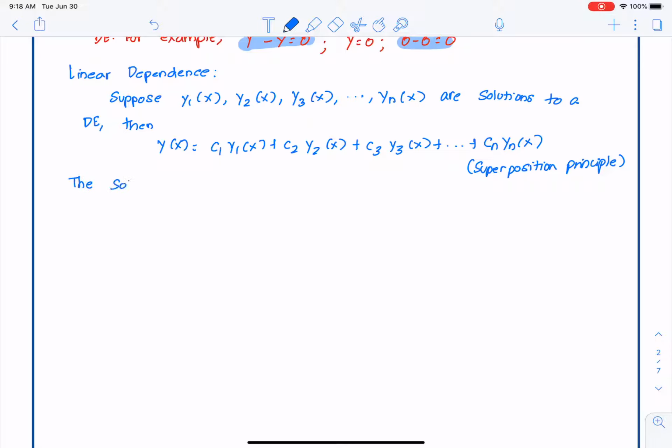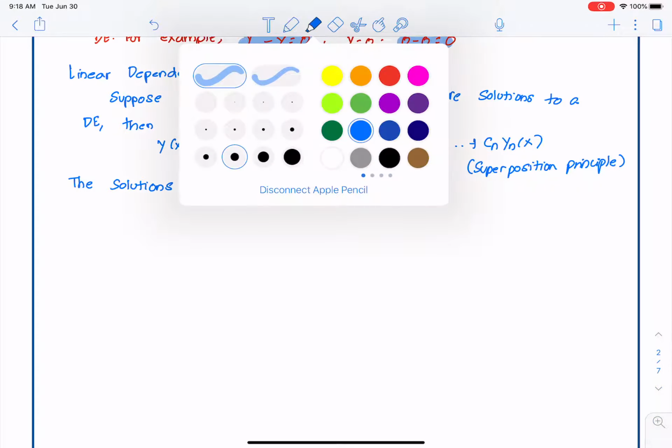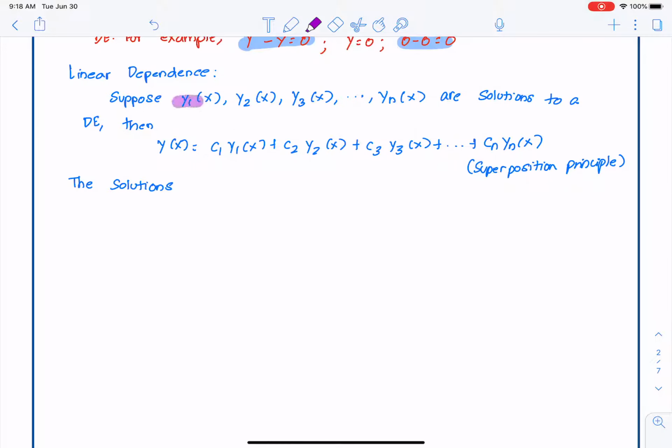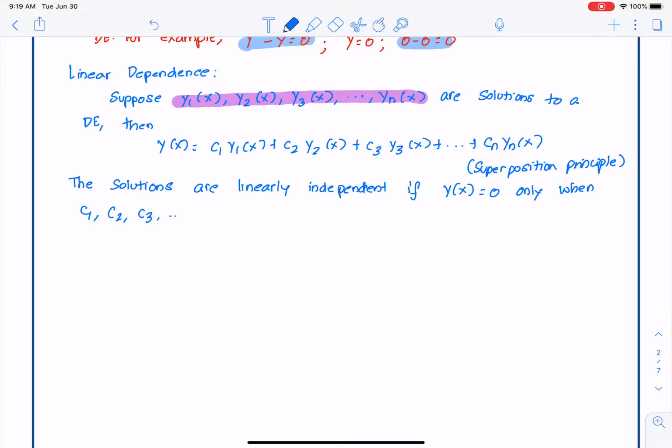The solutions that we have, which are y1 of x, y2 of x, y3 of x, yn of x, are linearly independent if y of x equals 0 only when c1, c2, c3 all the way up to cn are equal to 0.